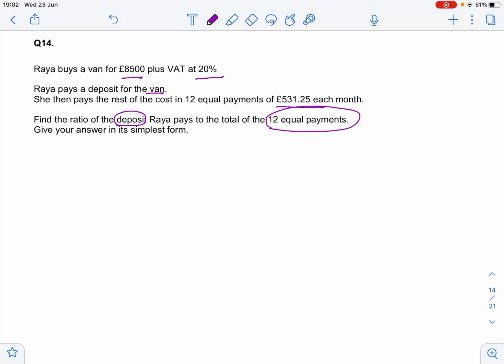So firstly, we want to find out what is the total price of the van. It will include VAT, which is 20%. So the total amount would be 8,500 multiplied by 1.2. Remember, VAT at 20% means the van is 20% more expensive.